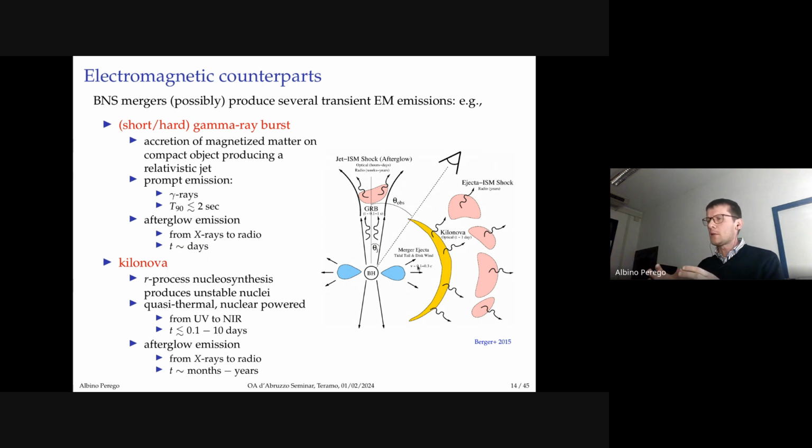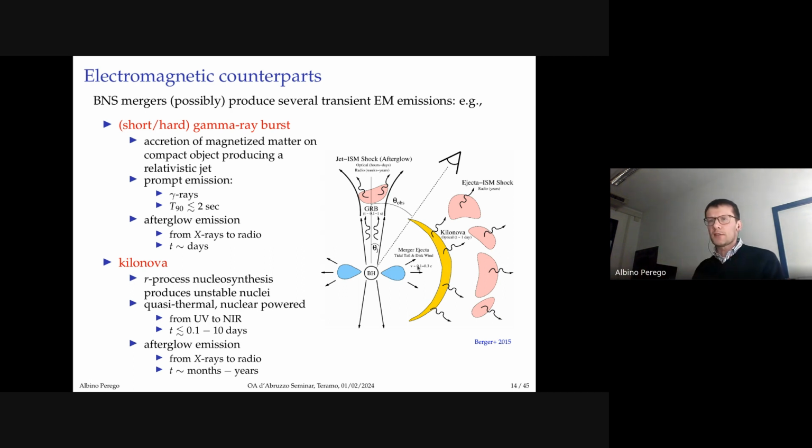And so while matter is expanding during the first hours or days, there is a constant nuclear heating due to the decay of the elements which are produced. And as soon as the matter has expanded enough to become optically transparent, there is a quasi-thermal emission, at least in the first days, which is actually due to the energy deposit in the ejecta by the nuclear heating.